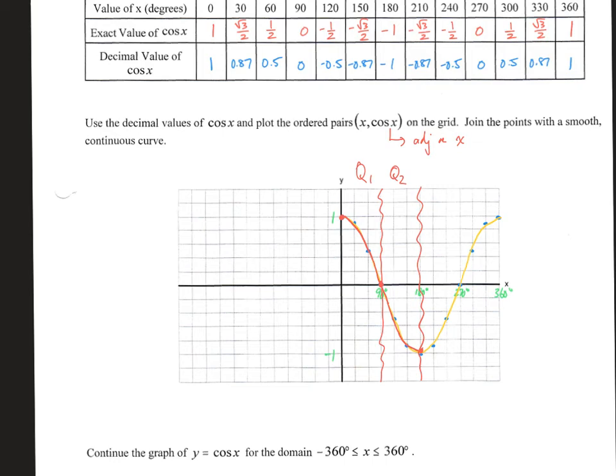As soon as we cross 180 degrees, my adjacent side, my x value, starts to become less and less, and it's going to keep becoming less until it becomes 0. The next time that I have no adjacent side is when my terminal arm is completely vertical. That's going to happen at 270 degrees.